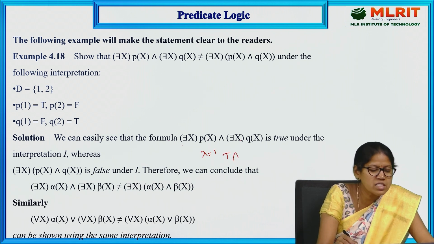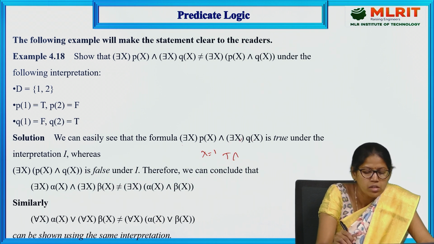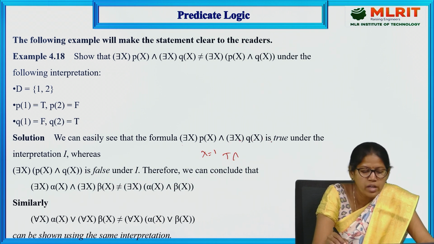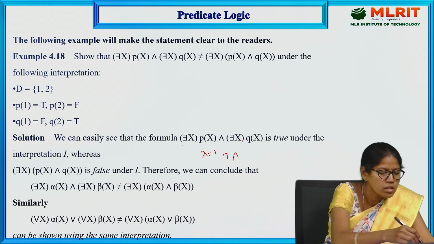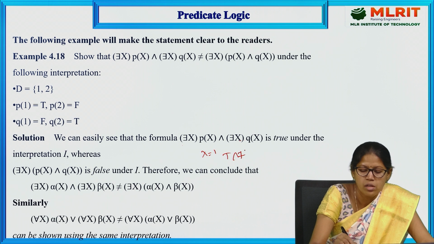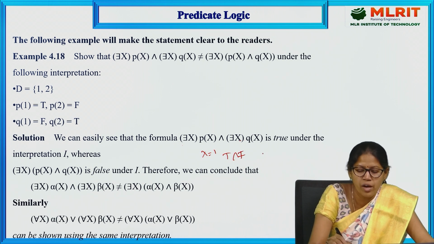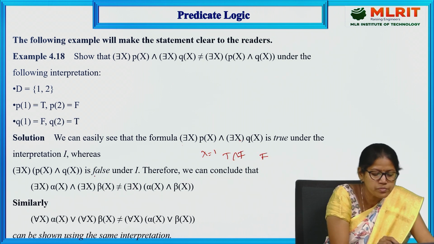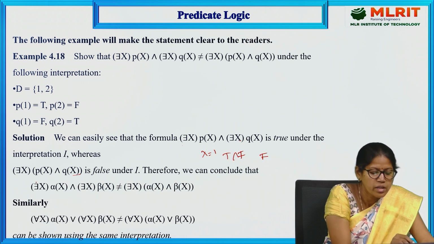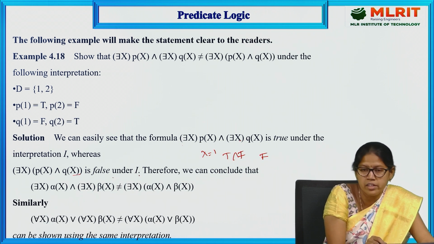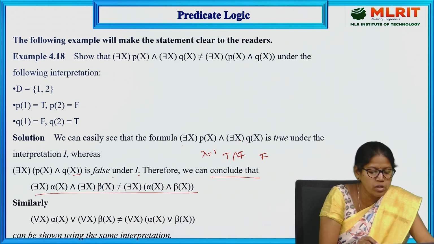And there exists X, Q of X. What is Q of X? Q of X equals false. True and false is false. So here the formula is false under interpretation I. Therefore, we can conclude that this is not equivalent.